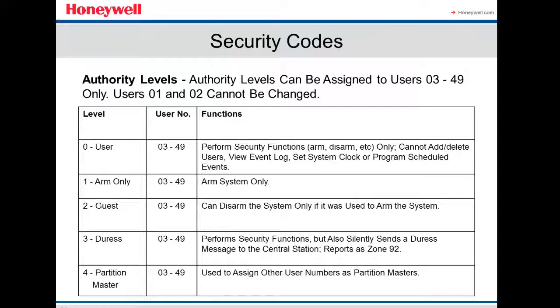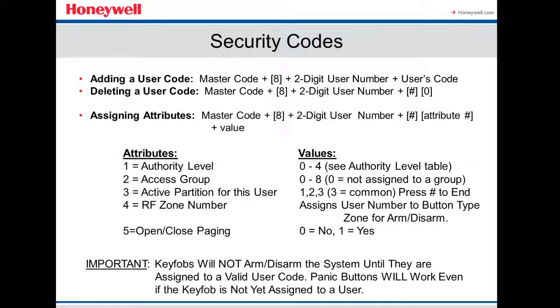Those are the 5 different security authority levels on the users. This is how you add a user code, delete a user code, different shortcuts, and how you assign the attribute to the users, depending on the authority level.